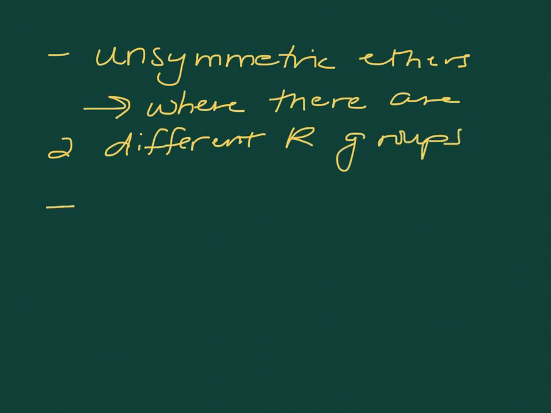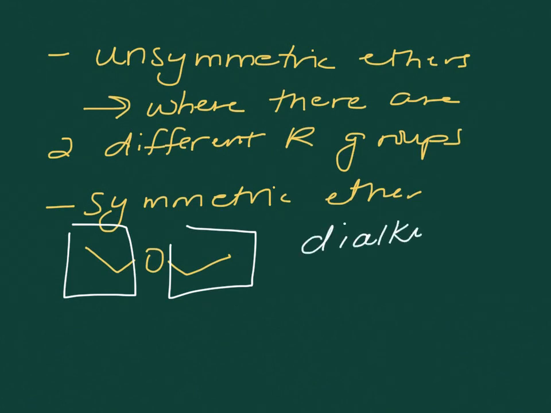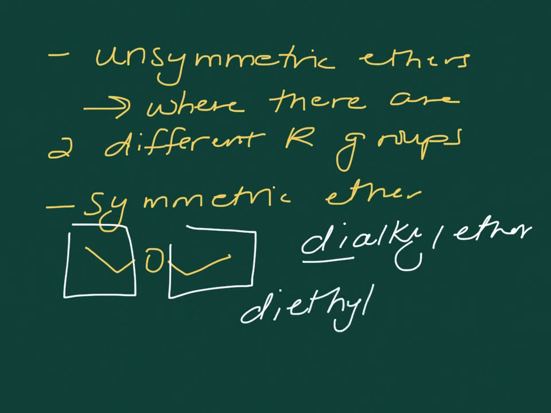When you have a symmetric ether, such as this ether here, and we have two ethyl groups, when we use the first way of naming ethers, this ether is a dialkyl ether. Okay? So we would name it diethyl ether because we have two ethyl groups.